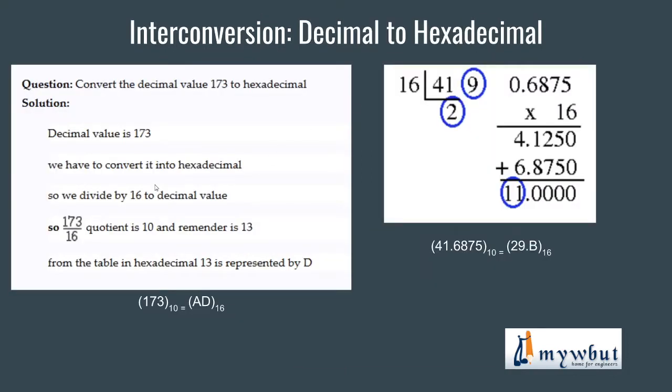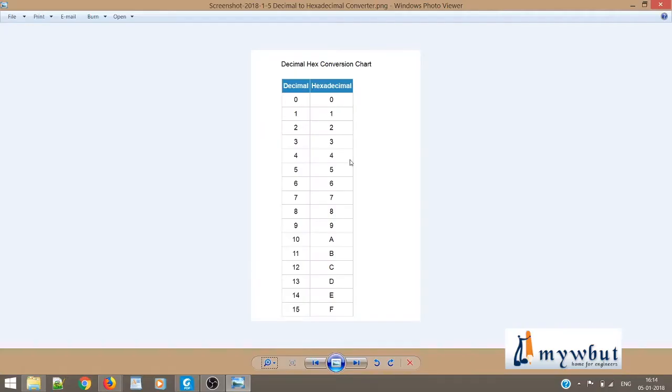Now, before getting started with this, let's just take a look at a small chart which will help you. In this chart, we have a few decimal values and a few hexadecimal values. We already have discussed that hexadecimal has base 16 and it consists of 10 digits and 6 letters.